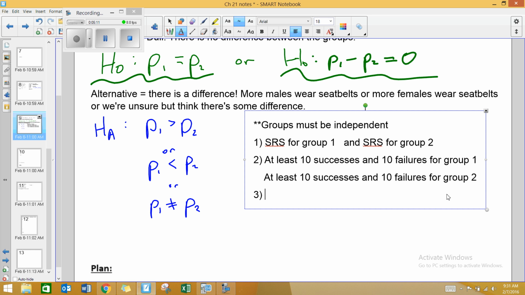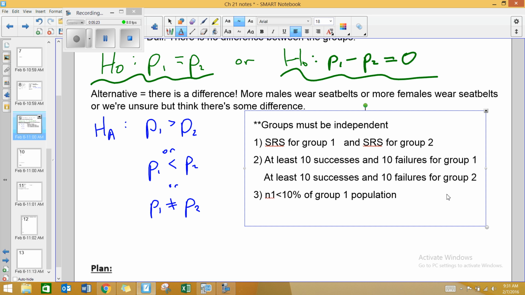And then finally, the third condition, N1 needs to be less than 10% of group 1 population. And N2 needs to be less than 10% of the group 2 population.